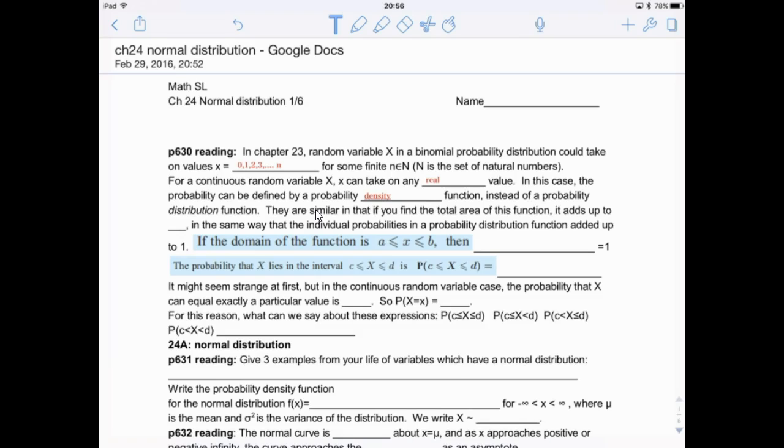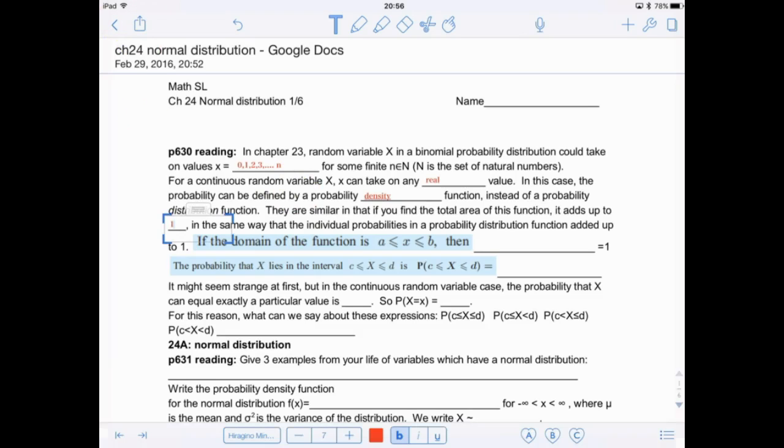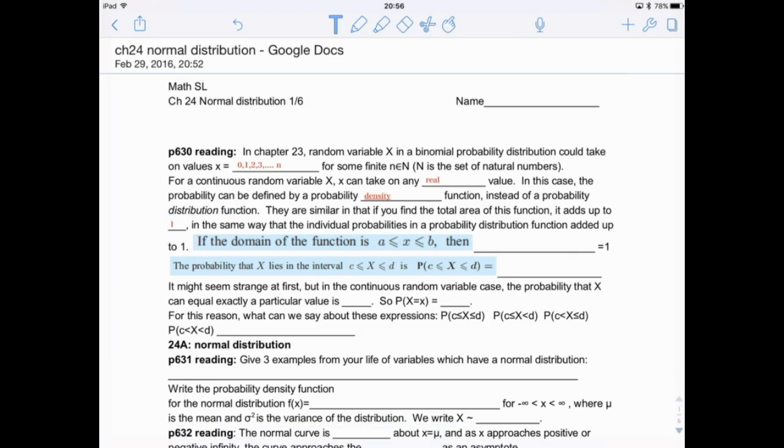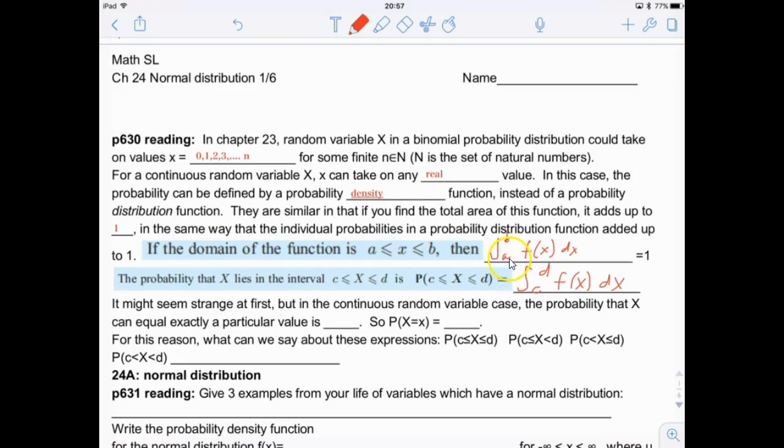They are similar in that if you find the total area of this function, it adds up to 1, in the same way that the individual probabilities in a probability distribution function added up to 1. If the domain of the function is a less than or equal to x less than or equal to b, then the integral from a to b of the probability density function f of x dx is equal to 1.